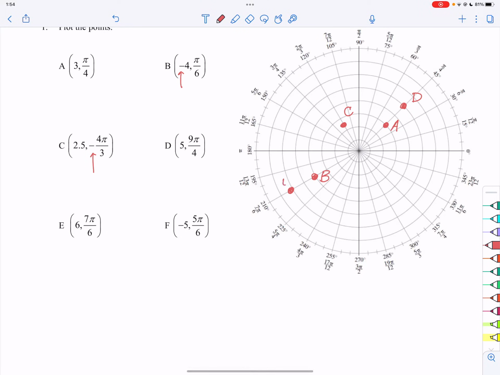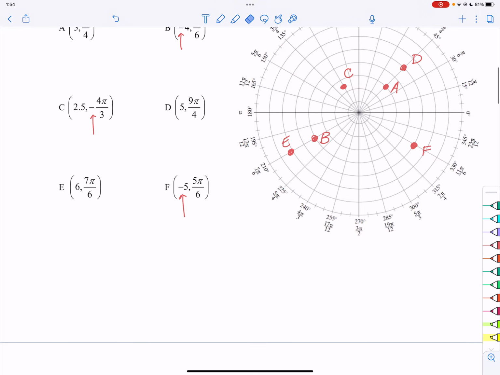And as you can see, this is point E. Point F, we are 5 pi over 6. So as you can see, we're right here. However, we have negative 5. So we will go across the pole to 1, 2, 3, 4, 5 right here. And that is point F.